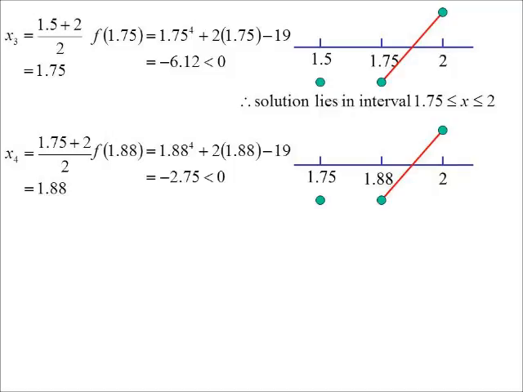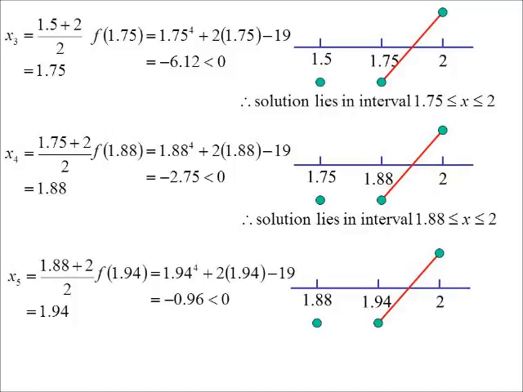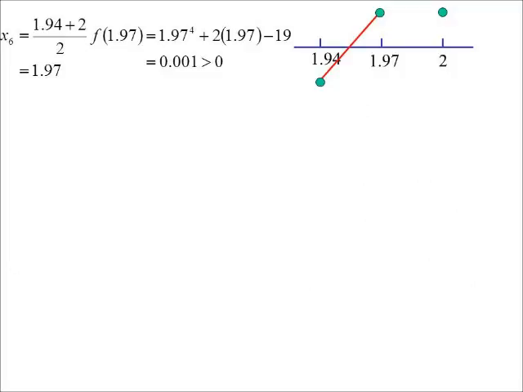Okay, let's try this. We now know that the solution must lie in between 1.88 and 2. Let's average it. 1.94. Negative 0.96. All right. Well, now I know my solution is in between 1.94 and 2. We'll find the average of 1.94 and 2. 1.97.